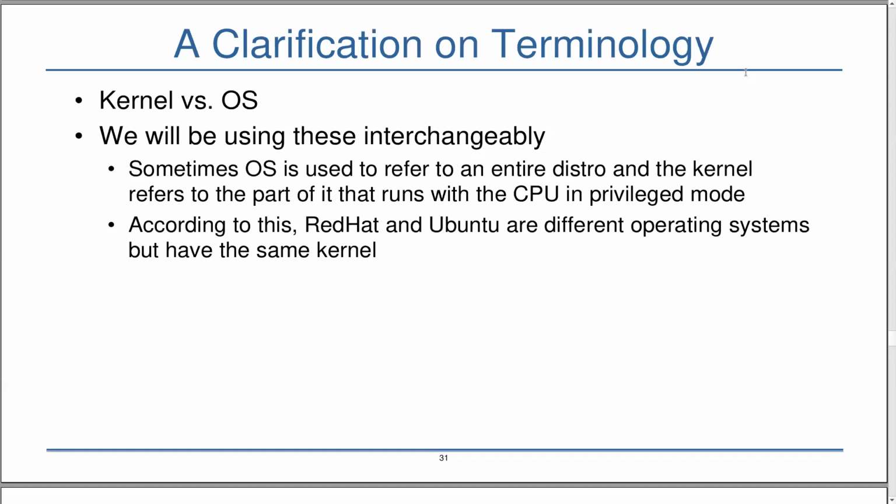But remember that they're using the same OS kernel. There might be different versions or slightly different patches, but they're using the same Linux kernel. So it's kind of fair to say that the OS kernel is the operating system.